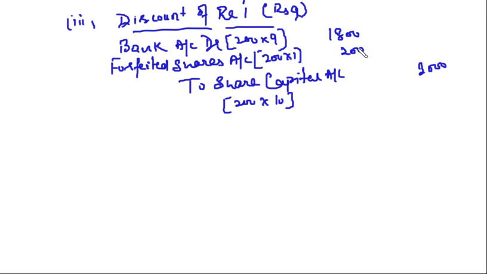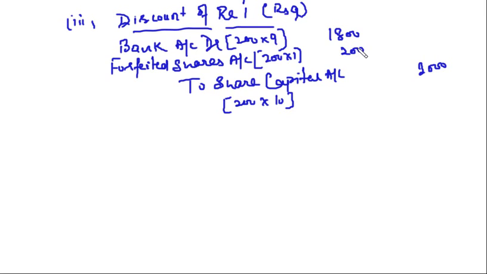That means we are taking this money out of forfeited shares account. We are transferring this money from pocket 2 to pocket 1. Not the capital gain. Right? In pocket 1 you received 1800 instead of 2000. You should have received 2000 rupees. You received 1800. Then what do you do? You take 200 from pocket 2 and transfer it to pocket 1.